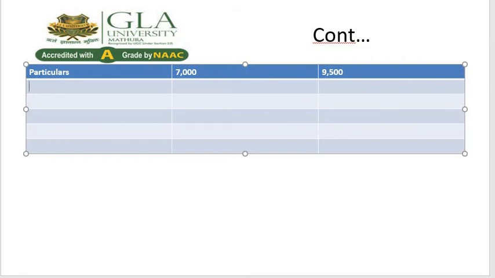Now our selling price, just calculated, is 45 rupees per unit.